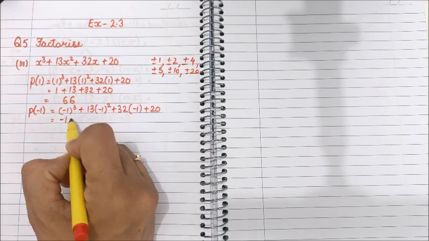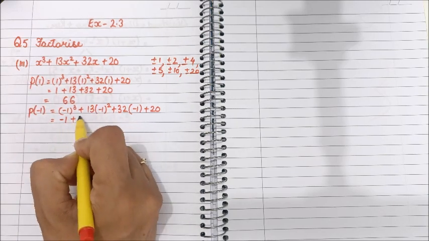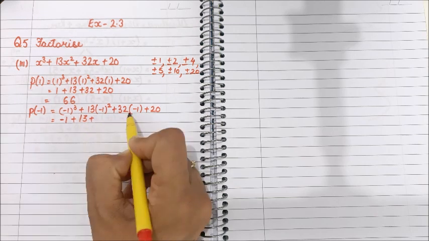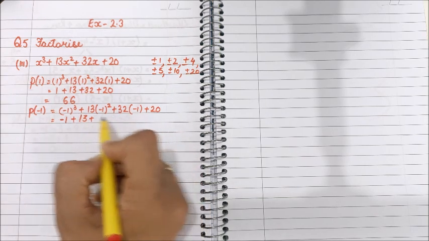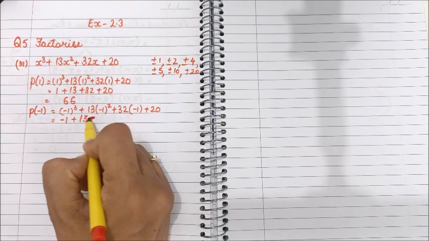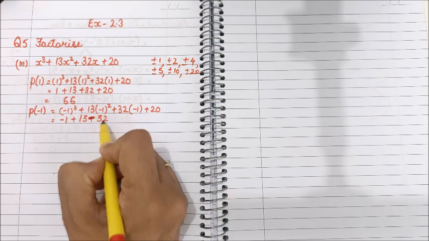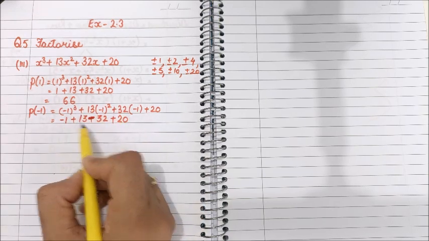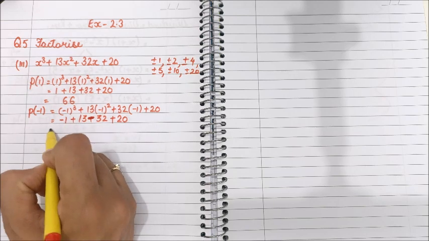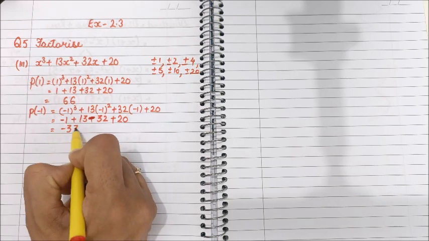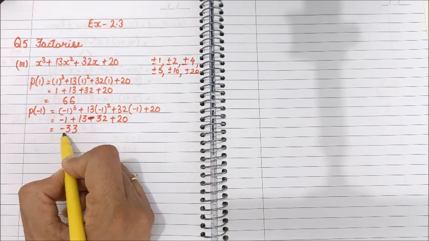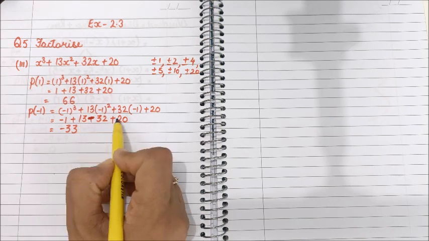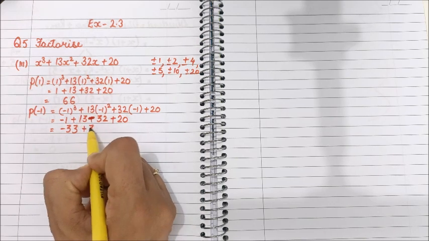This is an even power, so it will be 1 only. So 13 ones are 13. Here 32 into minus 1 will give me minus 32. Sorry, it's minus 32, it's not plus. Then plus 20. So solving this, I have two negatives, which will give me minus 33. Now adding these two positives, I will have 33.